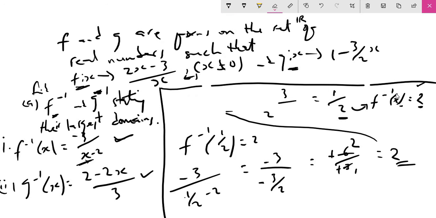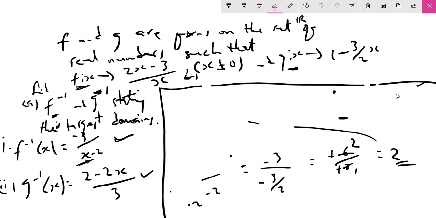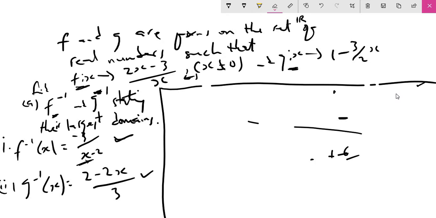Okay, now let's go ahead and find the largest possible domain. So now, what's the domain of a particular function? Remember when we were mapping?